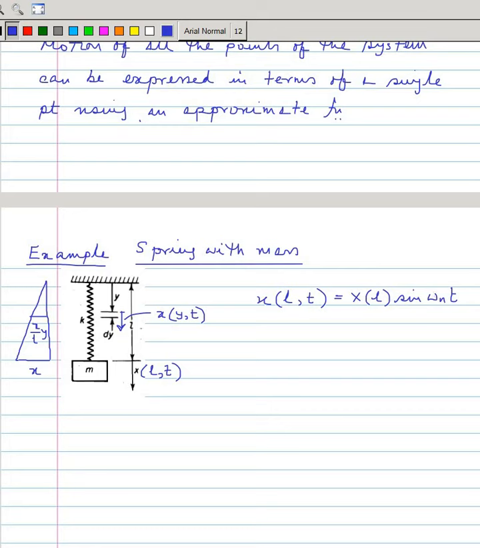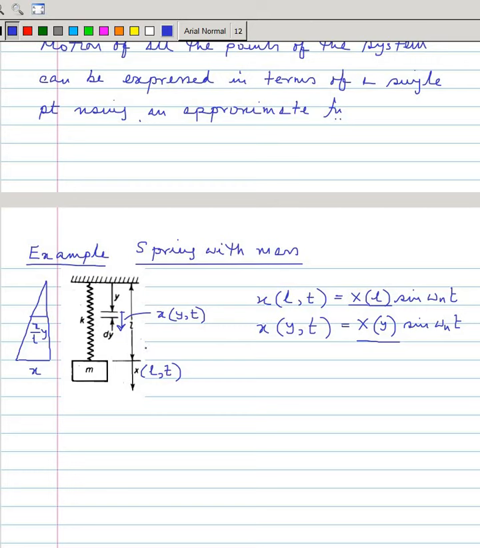And here at any point, x at y, at time t, can be expressed as this X at y into sin ωn t. Now this X at y, the amplitude at y, and the amplitude at L are related. Capital X_L is the amplitude at L and this is the amplitude at y. How are they related?